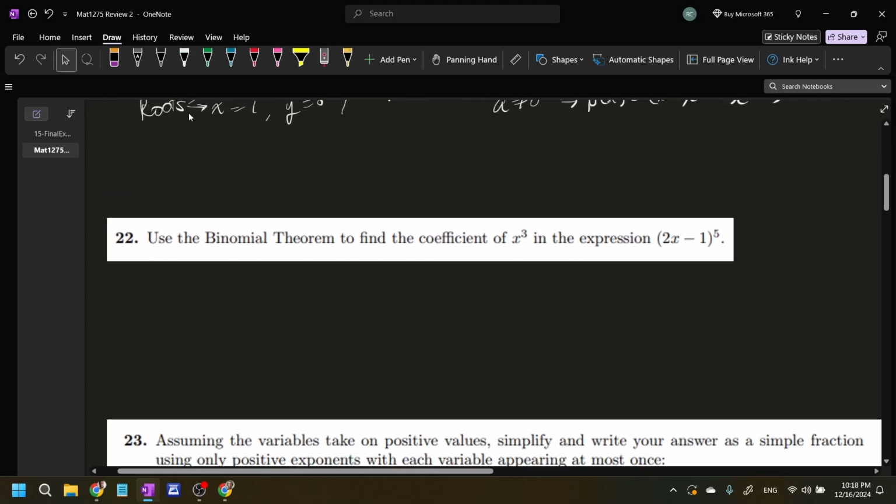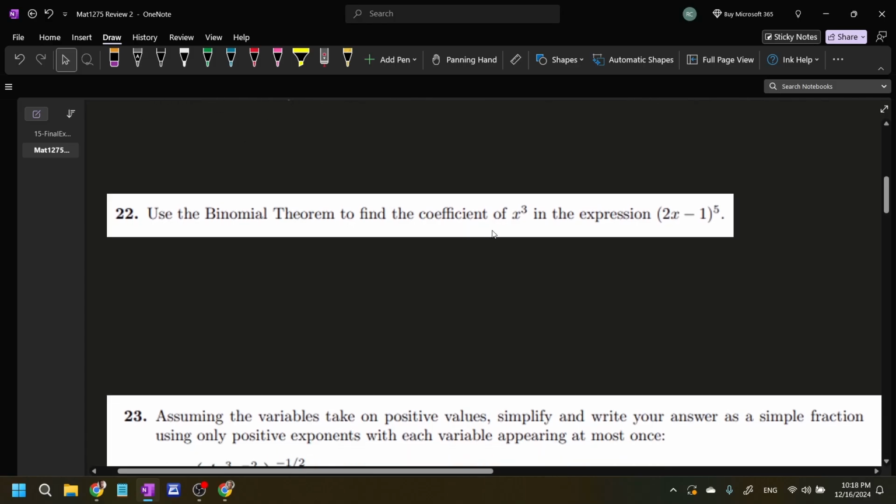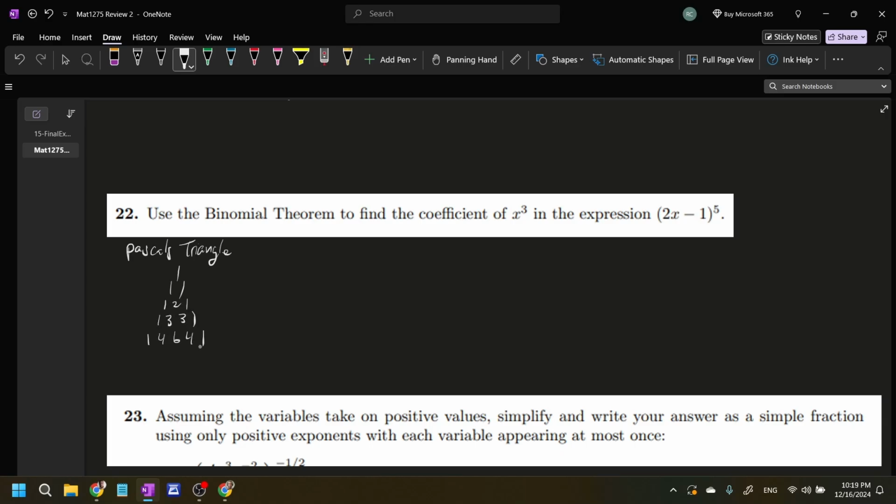Okay. Number 22. Use the binomial theorem to find the coefficient of x to the third in the expression 2x minus 1 to the fifth power. So like we briefly explained before, we're going to use Pascal's triangle for this. And let's quickly build that. That's 1, 1, 1, 2, 1, 1, 3, 3, 1, 1, 4, 6, 4, 1.